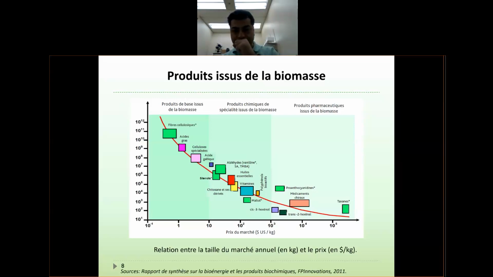Or you can say 2 million per year, 10 to the power of 11, almost. But the price of cellulosic material is less than $1 per kilogram. Less than $1 per kilogram, even though the market is high.